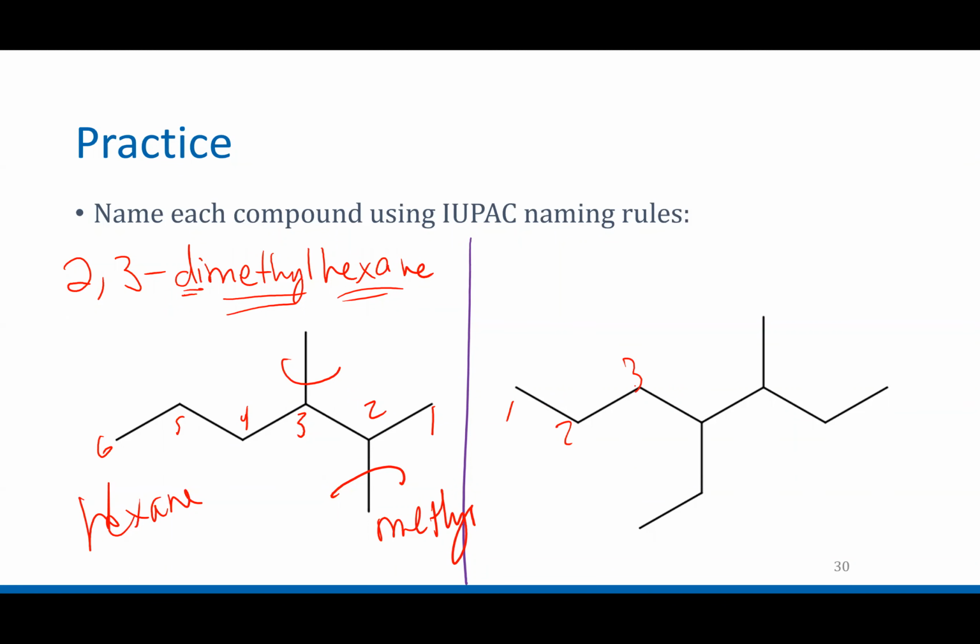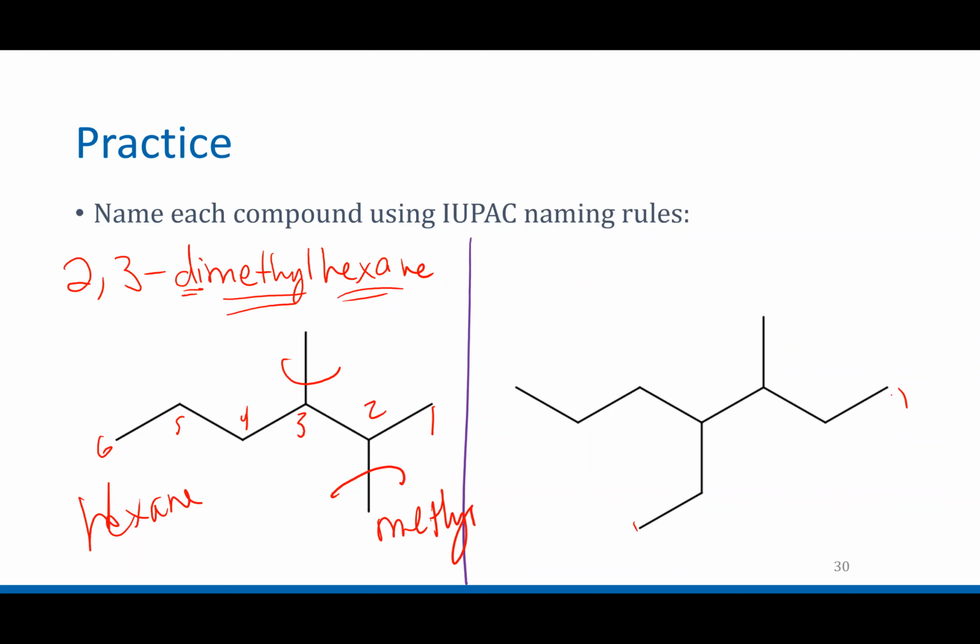1, 2, 3, 4, 5, 6, 7. That's definitely my longest chain. 1, 2, 3, 4, 5, 6. Yeah, so that's my longest chain. But in order to get my numbers lower, this is a 4, 5 type of situation, I could number from the other direction.